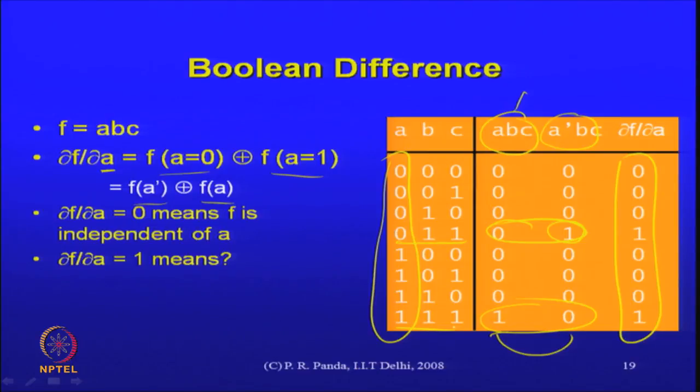What would it mean? If b c is the Boolean difference, what are we saying? We eliminated a. A is eliminated, yeah. And we learned that elimination of a gets us a different function. It is not redundant. A is certainly not redundant as far as the function is concerned.